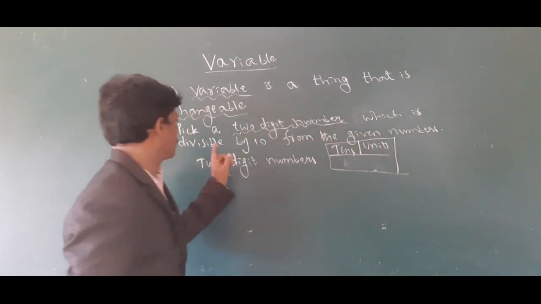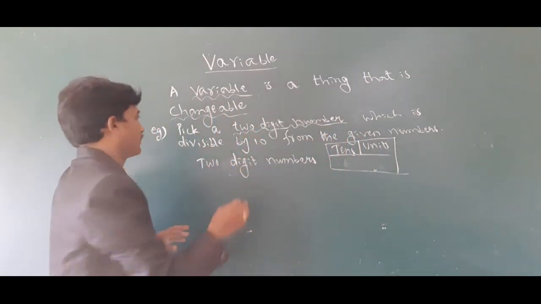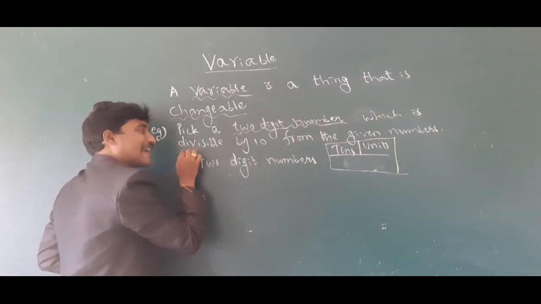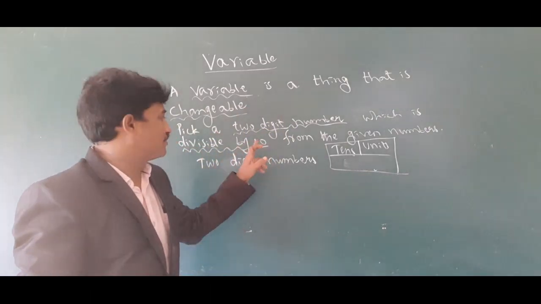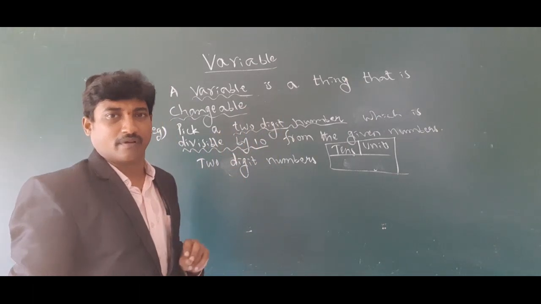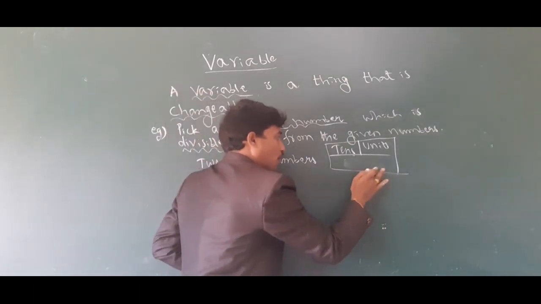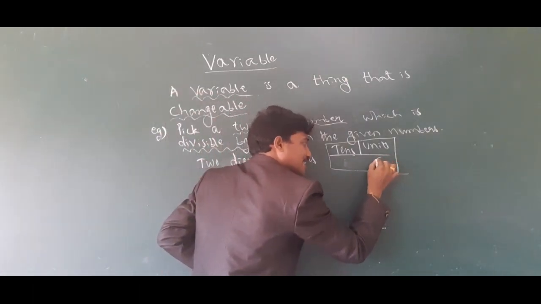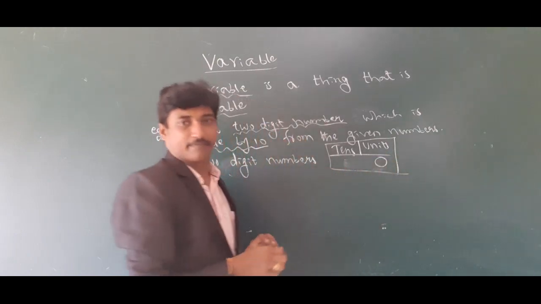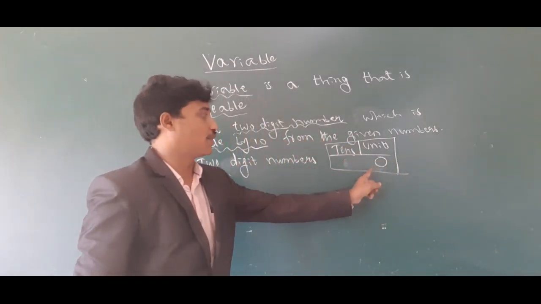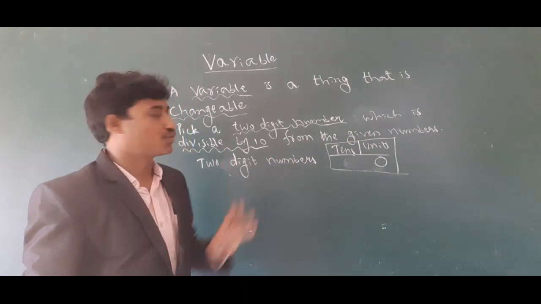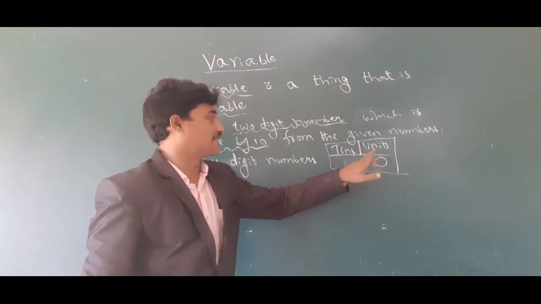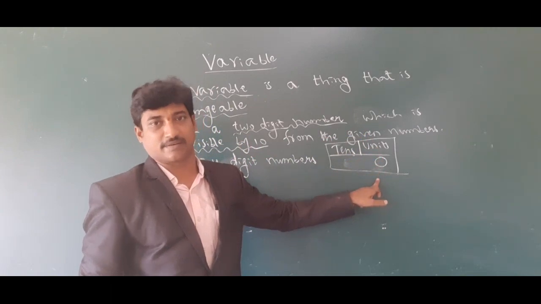But he asked to pick only the 2-digit numbers which are divisible by 10. By the divisibility rule of 10, we come to know the units place digit is 0. It is fixed. Numbers having 0 in units place are exactly divisible by 10. So the units place digit is fixed. It is constant.